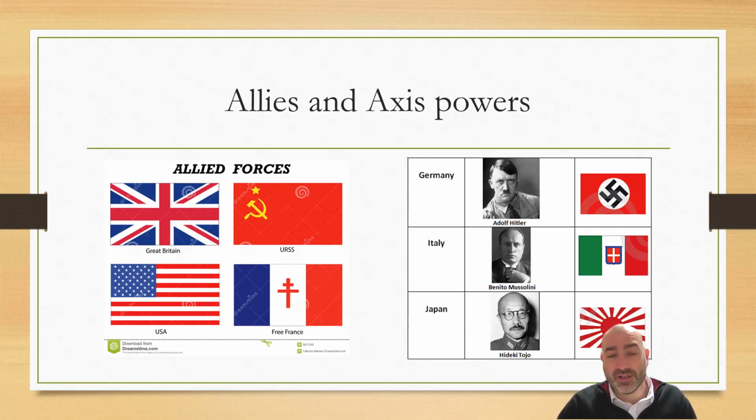Neutral countries in Europe were places like Spain and Portugal. Initially, the Soviet Union, Russia, was also neutral, having agreed with Germany to divide Poland between them. But Germany then tried to invade Russia, and this brought Russia and the Soviet Union back into the war.